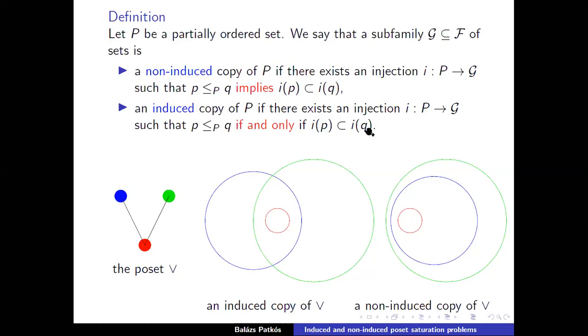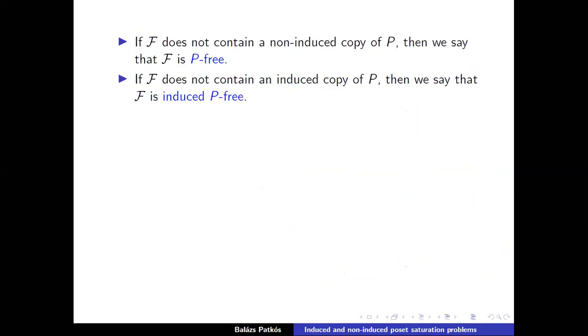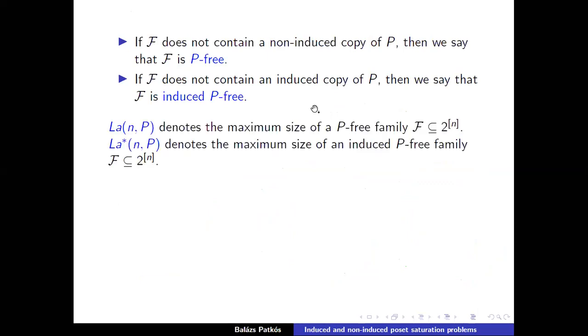Okay, so now we can say that a family of sets is P-free if it doesn't contain a non-induced copy of P, and it's induced P-free if it doesn't contain any induced copy of P. Okay, and so the extremal problem is to determine the maximum size of a P-free family or of an induced P-free family in a ground set of size n.